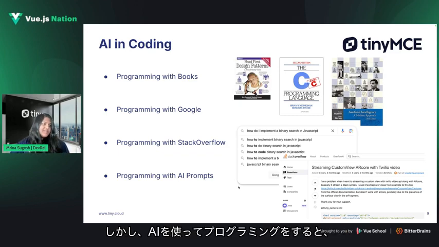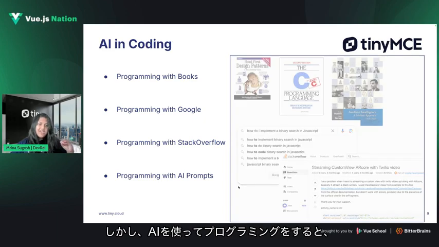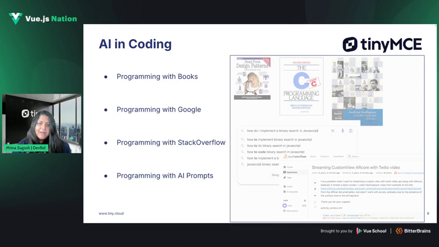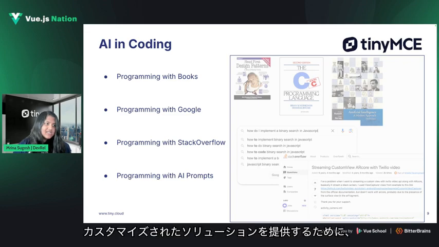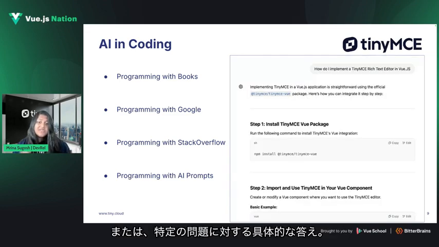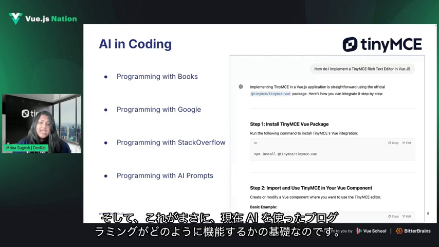But what happens is when I'm programming with AI, there's sort of this curtain that comes on board, right? And we start relying on the AI assistant to provide us with a tailored solution or a specific answer to our specific problem. And this is really the basis of how programming with AI now works.